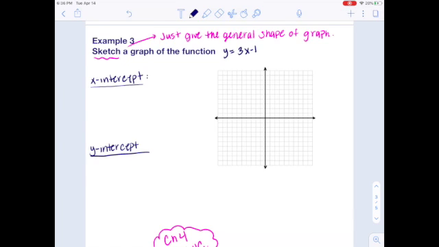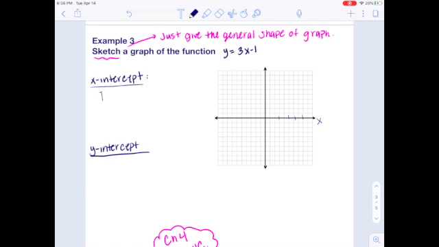So yes, you could use your slope and your y-intercept, use y equals mx plus b. But for a sketch, really all I technically need is your x-intercept and your y-intercept. So if you think about it, any x-intercept, any point along the x-axis, has a y value of 0.